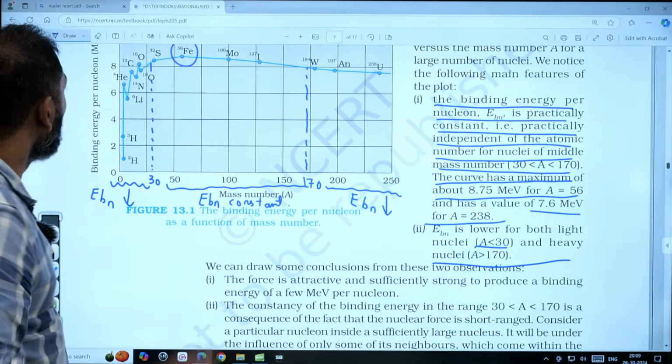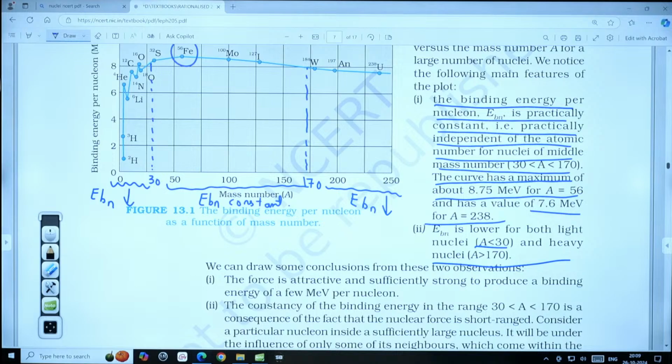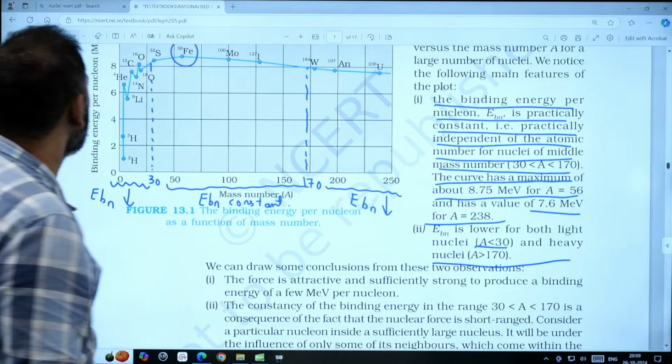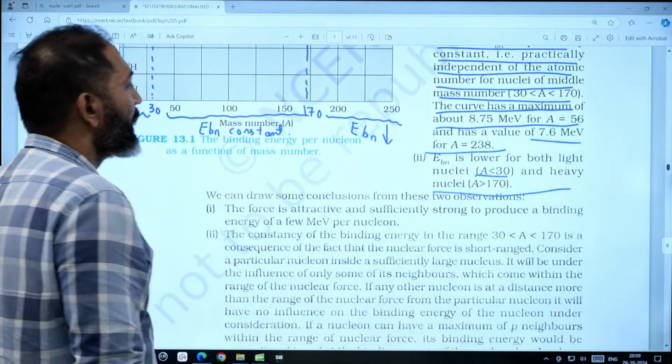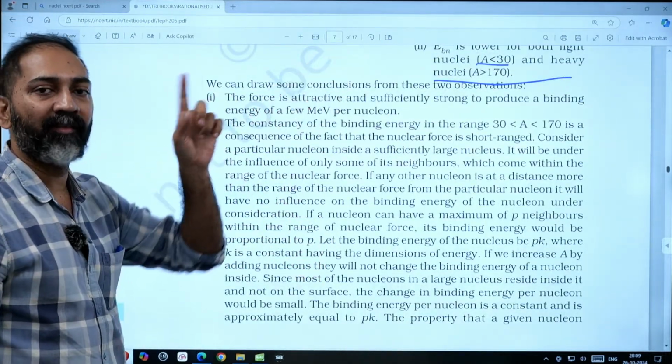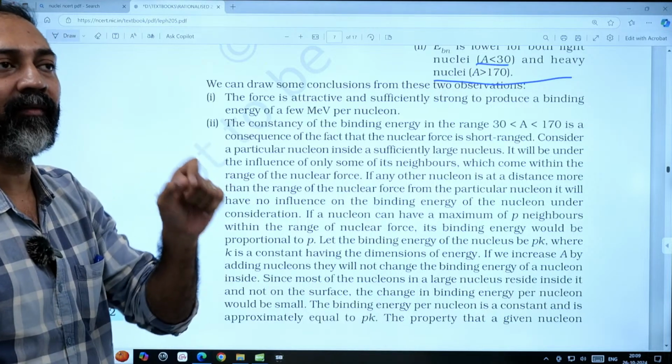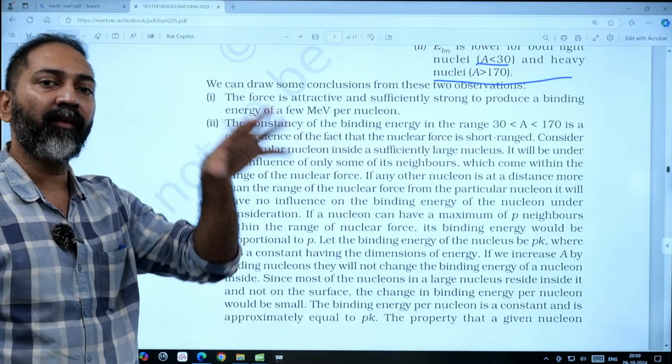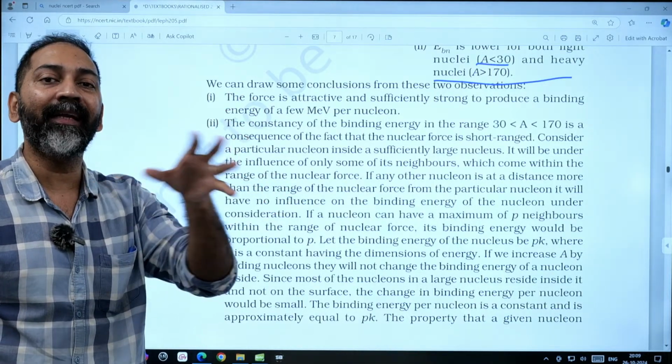See, now obviously you will be wondering why the binding energy per nucleon is constant in the middle mass numbers, which is a very interesting one. If you consider a particular nucleon inside a large nucleus, that nucleon will be under the influence of its immediate neighbors.